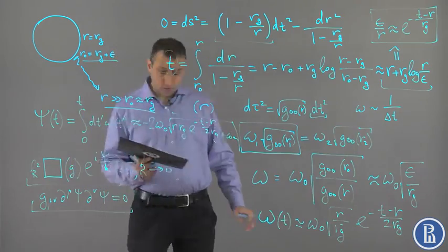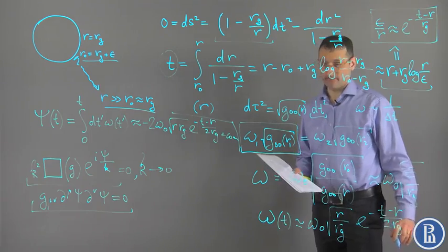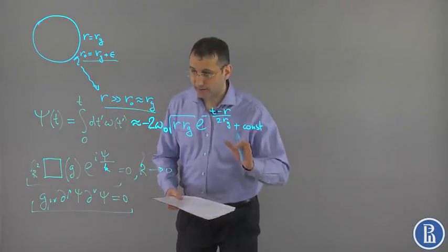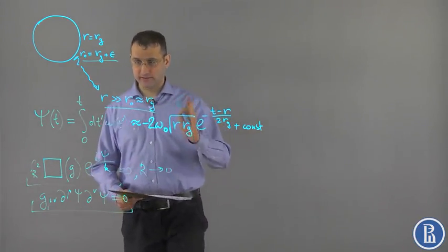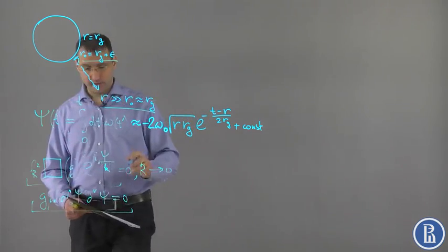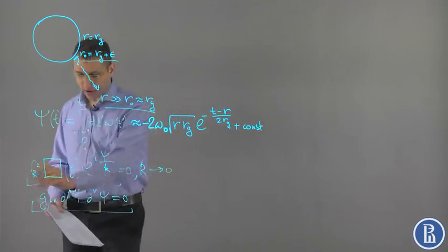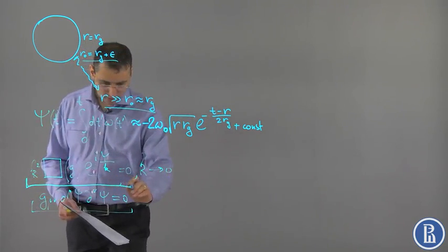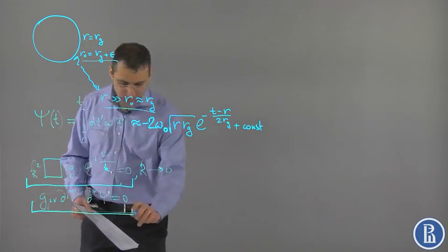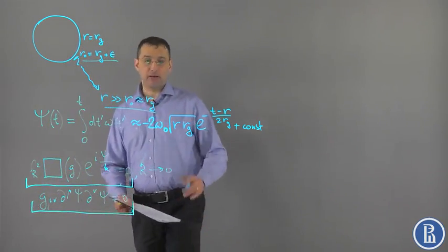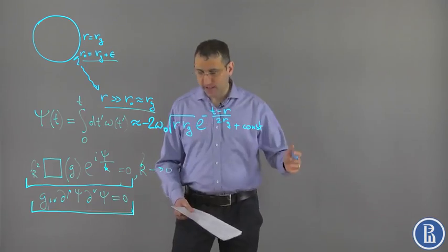So now one can see what one obtains: we have implicitly found the solution of this wave equation in the eikonal approximation, or quasi-classical, or geometric optic approximation.